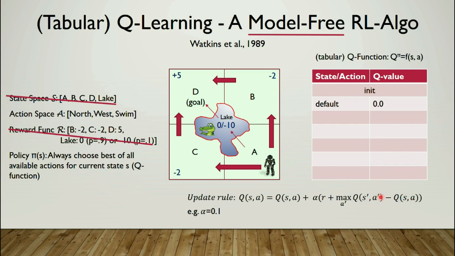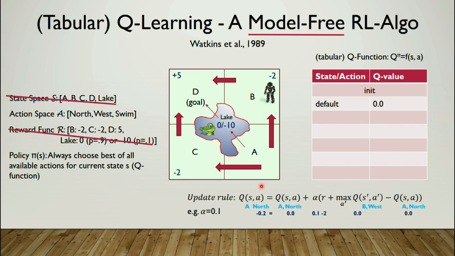And after we made this step, and after we've seen the reward for this step, we have a better estimate for this value here, because this R plus max A prime Q S prime A prime corresponds to this one here. It's just a better estimate of this one. So I take the difference of that, multiply with alpha, and that's my small change that I make to this very Q value. So let's start acting.